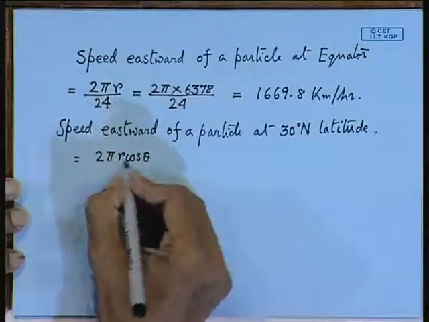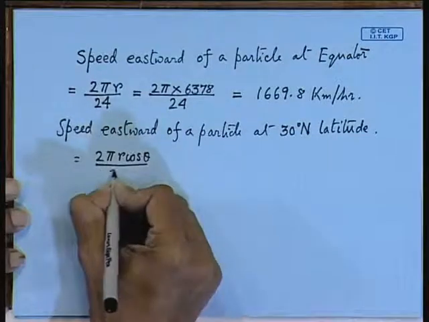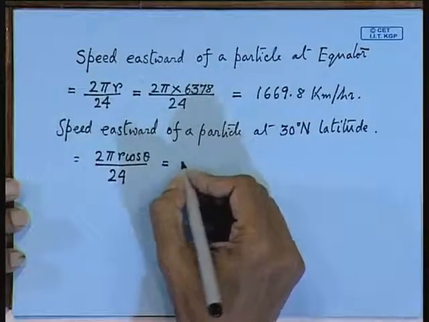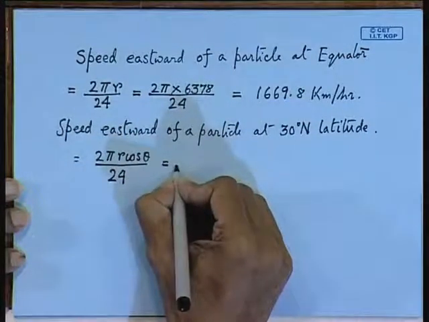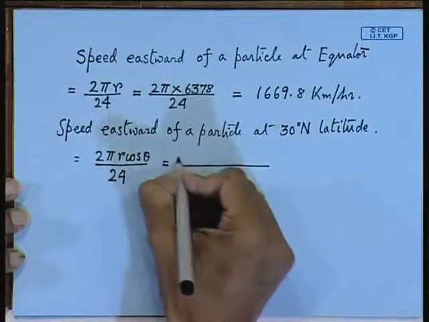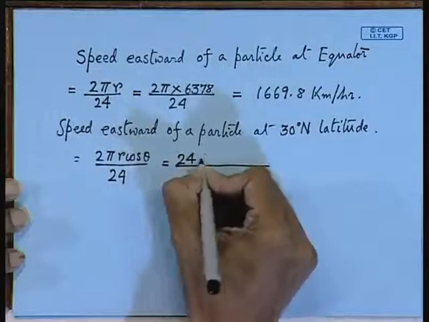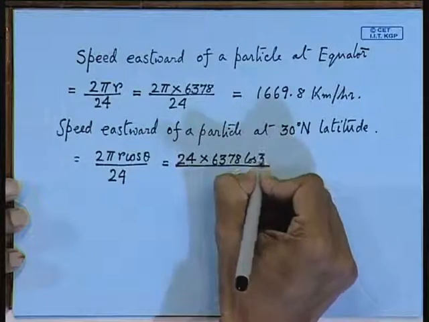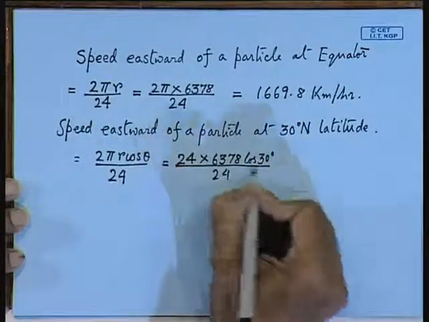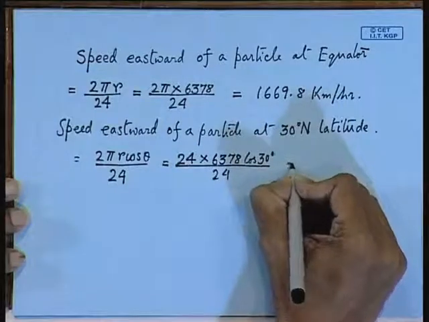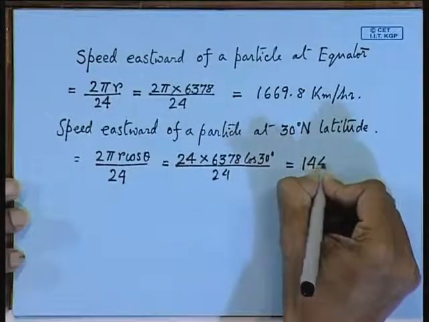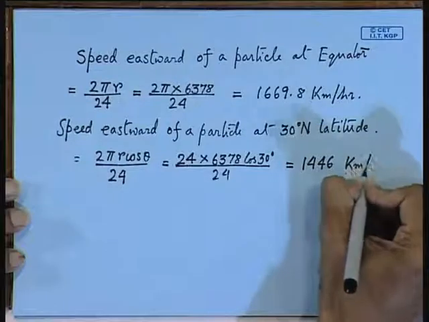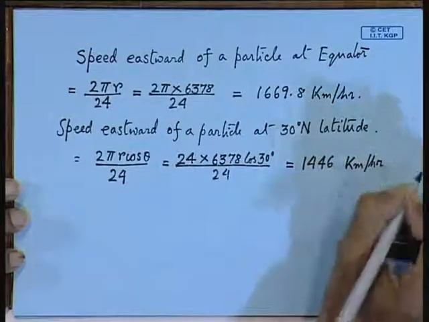This is your spinning speed divided by 24. So, this works out to be how much? This is 2 pi, 6378 cos 30 degree, divided by 24. This is 1446 kilometers per hour. So, this is at 30 degrees latitude.